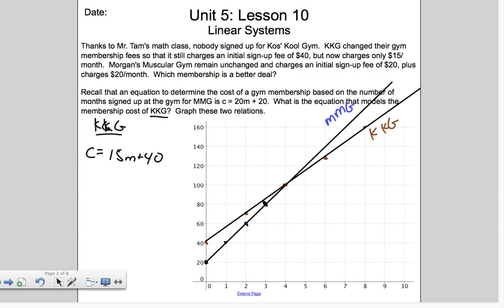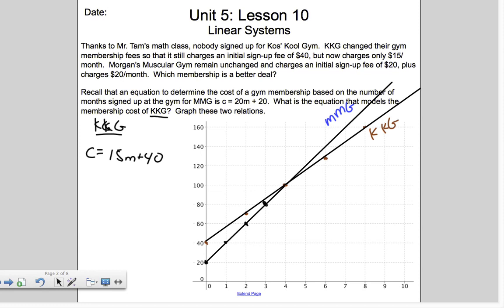Okay, so try your best to graph both of those lines. The first one's a little bit easier. The second one's a little bit more difficult, only because of the scale, I went by 20 on the vertical scale. So it's hard to map 15 in there somehow.